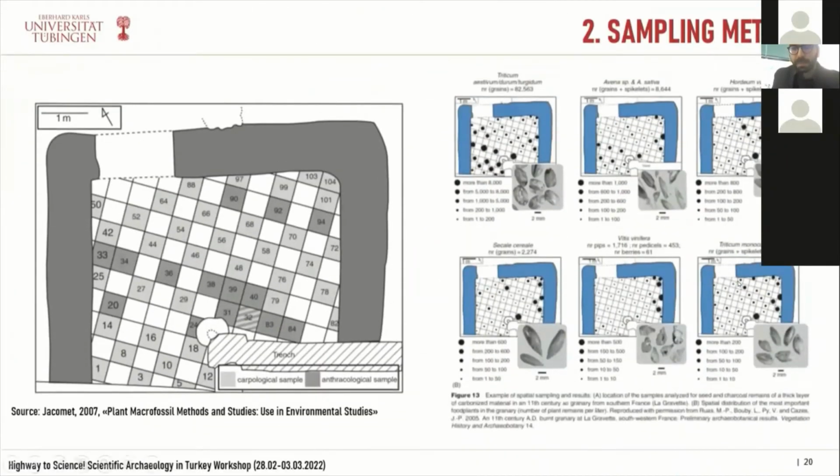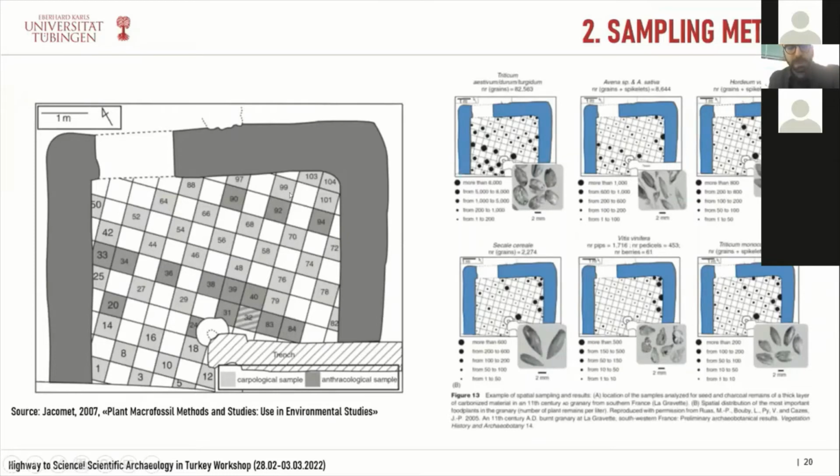Okay. Then this is an application of this method, and you can see that this archaeological context is a granary, and it has very thick layers of organic remains here at the bottom. So what the archaeologists and specialists did is make a grid sampling.